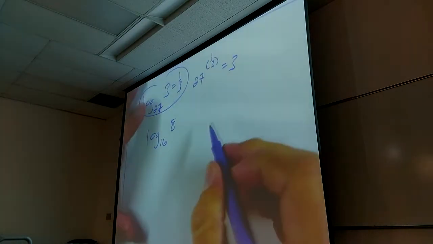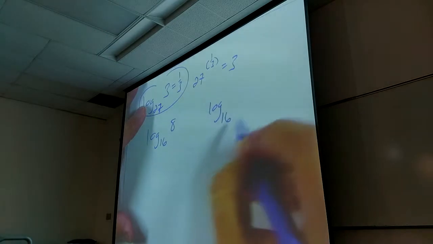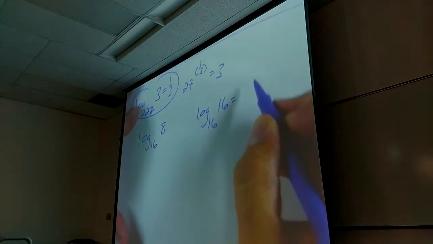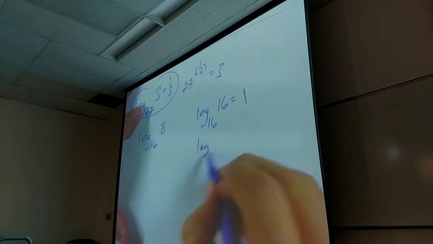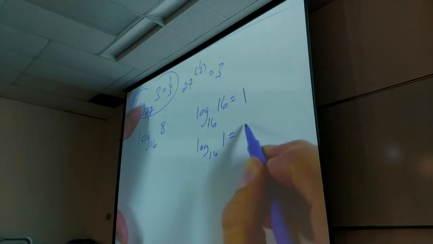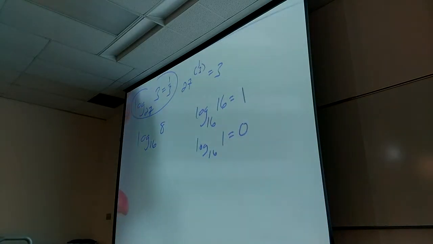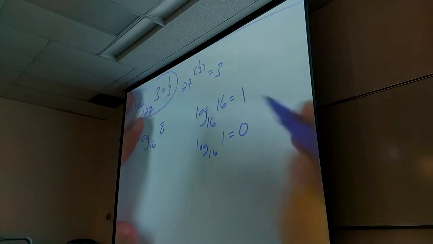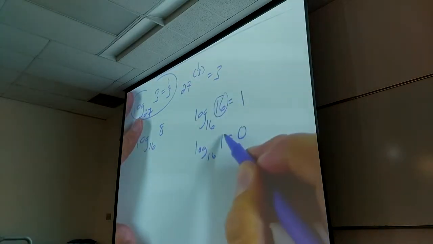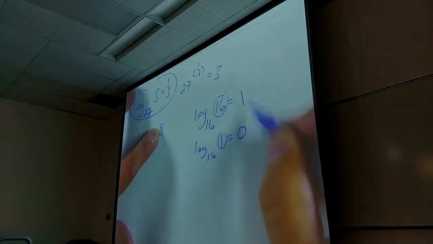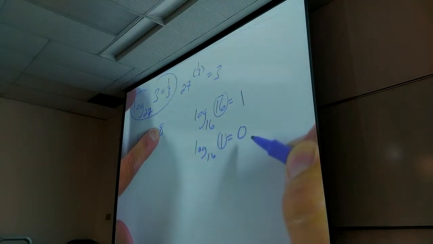So I want you guys to realize something. What's log base 16 of 16? 1. What's log base 16 of 1? 0. 16 to the 0 power is 1. Now, guys, pay attention. So you guys see how in between 16 and 1, the answers have to be between 1 and 0, don't they?